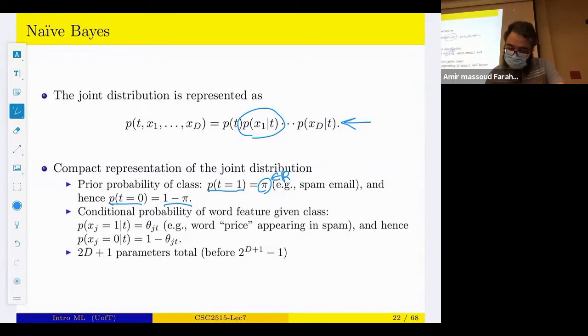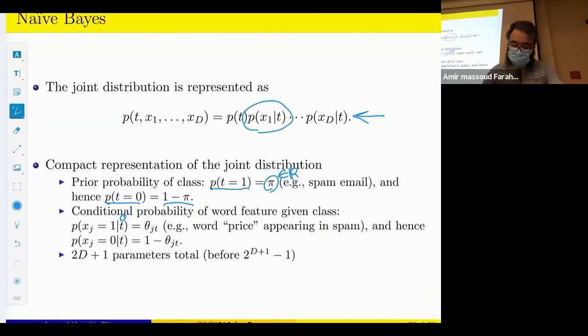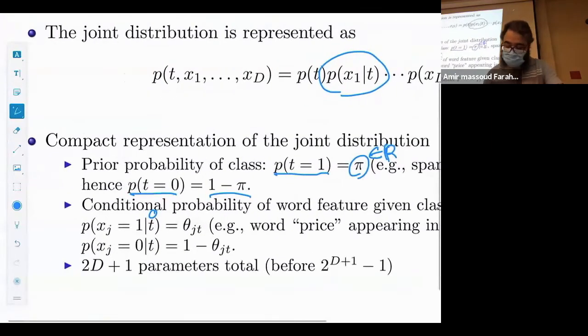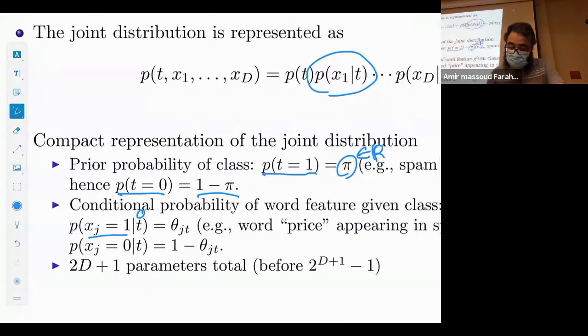Suppose for now we think about t equal to 0. So we have a probability of xj being equal to 1 when t is equal to 0. Then the probability of xj being 0 when t is again 0 is 1 minus that probability.